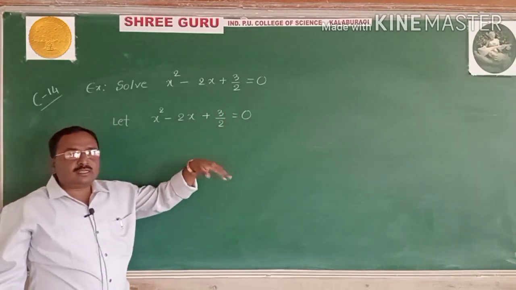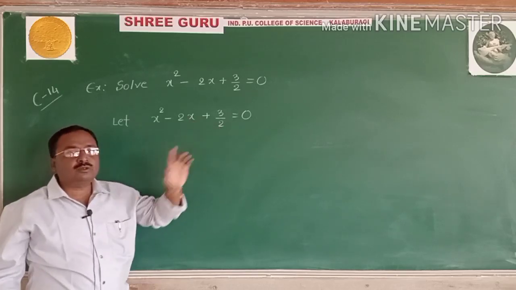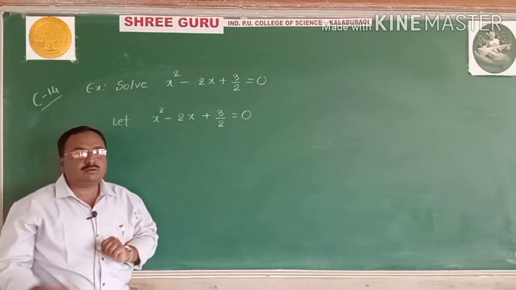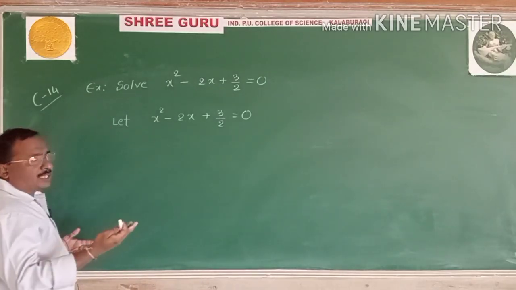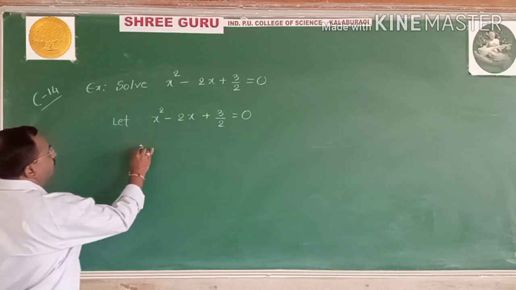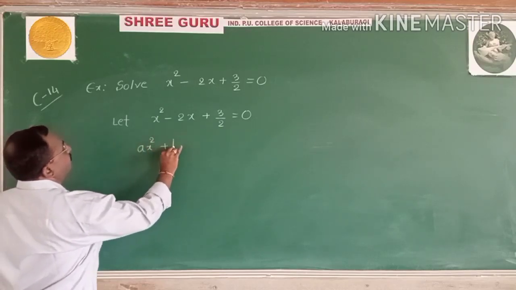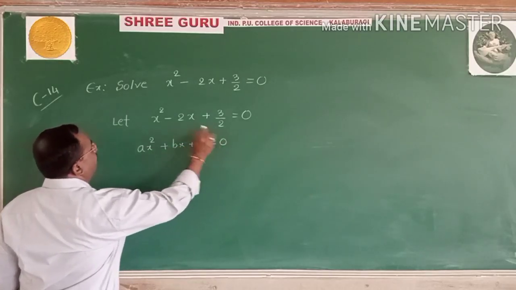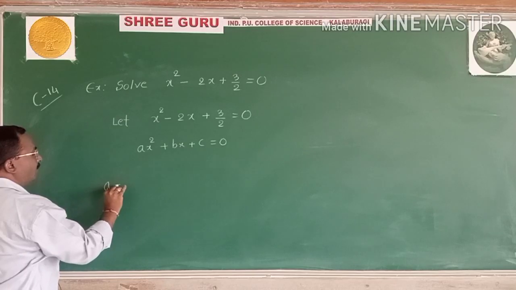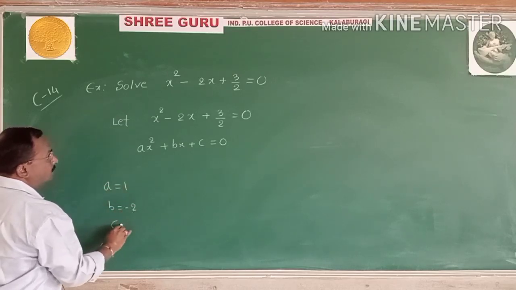If 3 by 2 is there, keep it as it is, no problem, but if you prefer, remove the 2 by multiplying by 2 on both sides. Let ax square plus bx plus c is equal to 0, where a is 1, b is minus 2, c is 3 by 2.